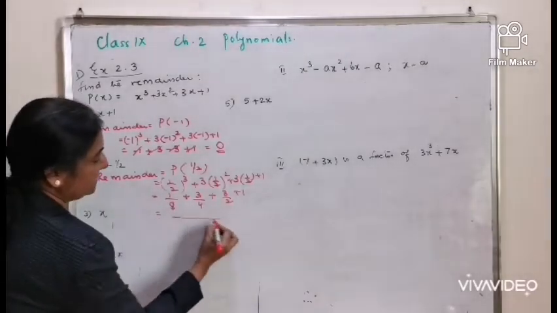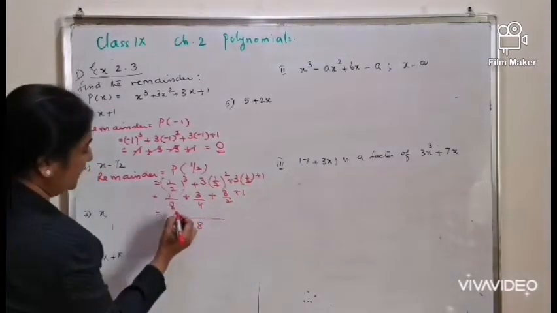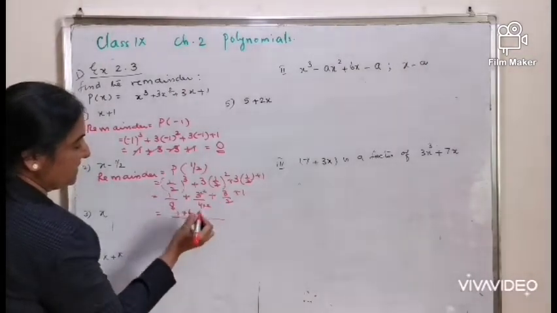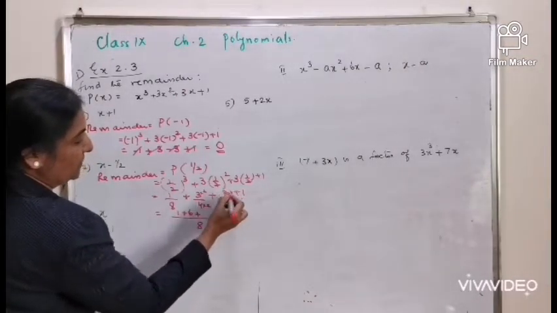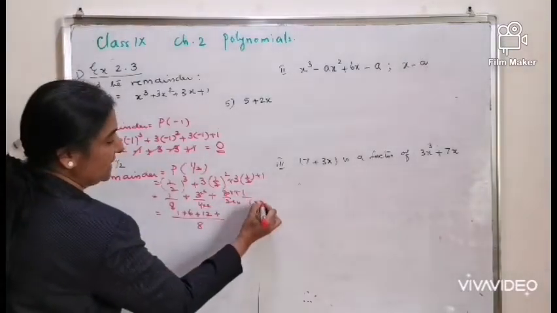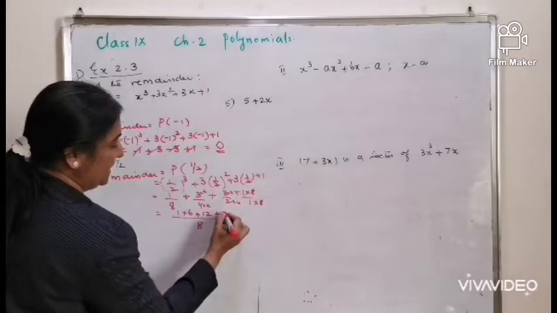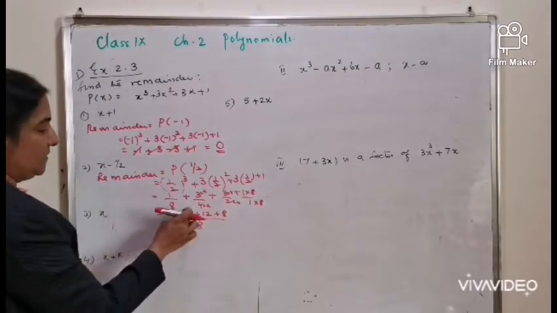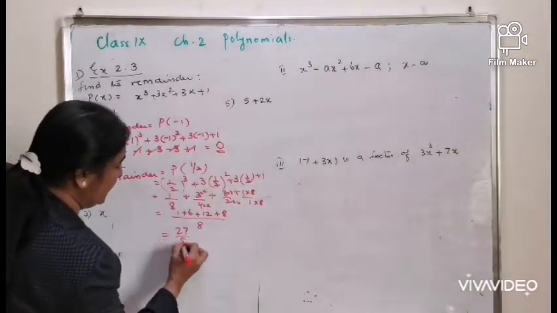The common LCM is 8. It is 1 plus 6 plus 12 plus 8, which is 27 by 8.